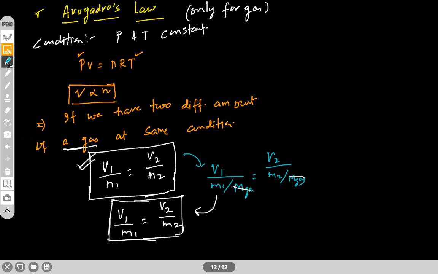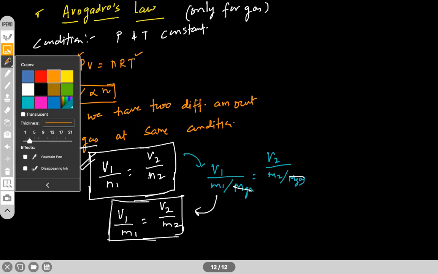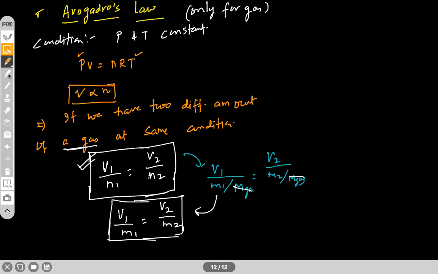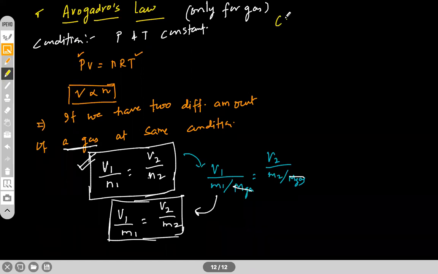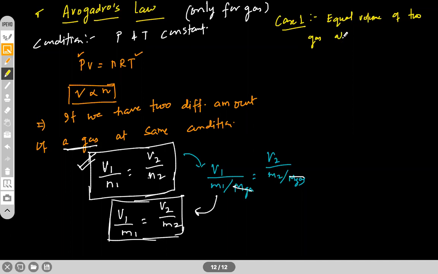So suppose I have taken equal volume of two gases at the same condition. Case 1, write down, case 1: equal volume of two gases at similar condition, means pressure and temperature is same.